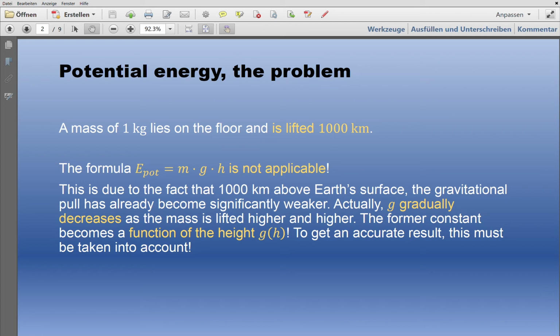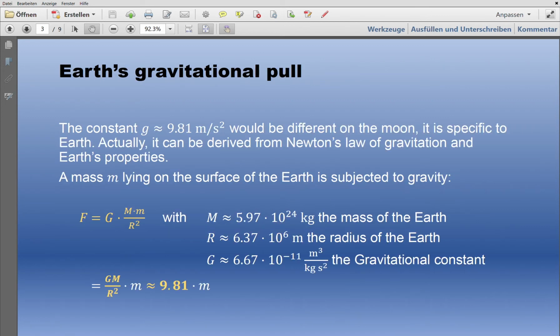Let's see how we can take this into account. To do this, we must first have a closer look, and I'm sure you have already done this in physics at some point. Let's derive the constant 9.81. The point to start at is Newton's law of gravitation, and we just plug in Earth's properties.